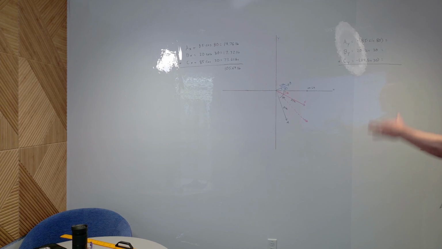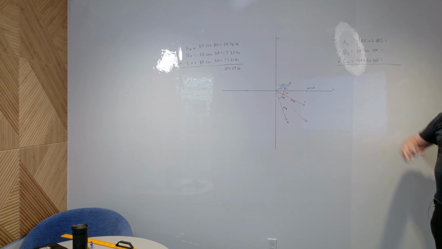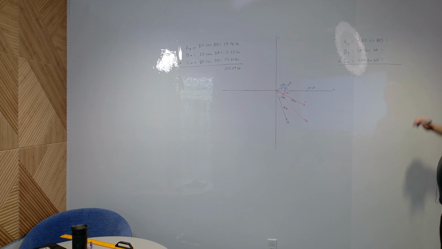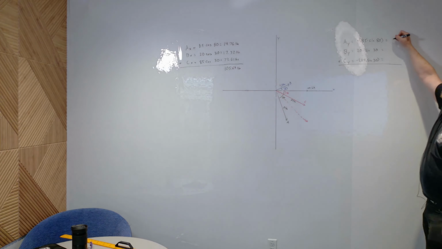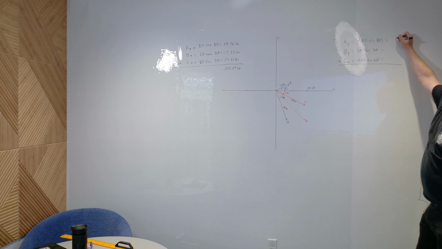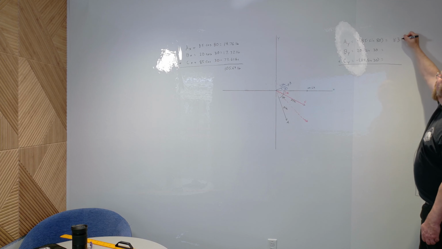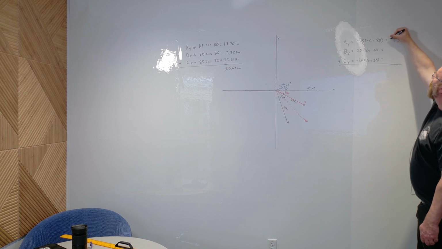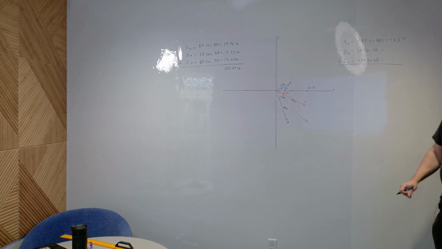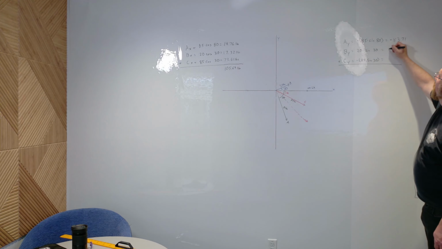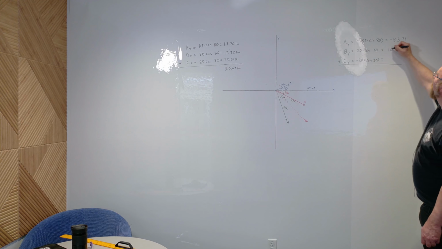This is just keeping the sign straight so that we know which direction it's going. So the A of y is minus 85 sine 80. 85 sine 80 is what? We got 83.71, so it's minus 83.71. Then 20 times sine 30, and this one's positive. That's going to be 10 exactly.